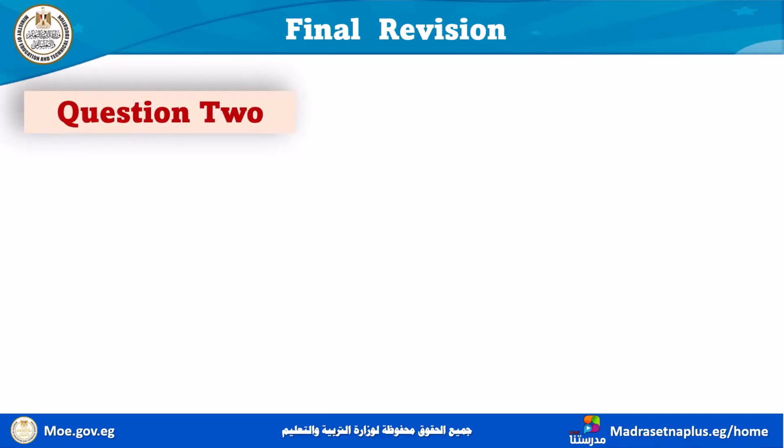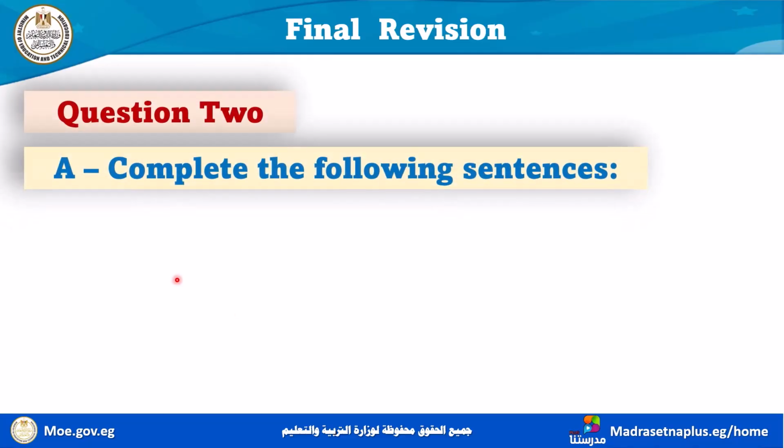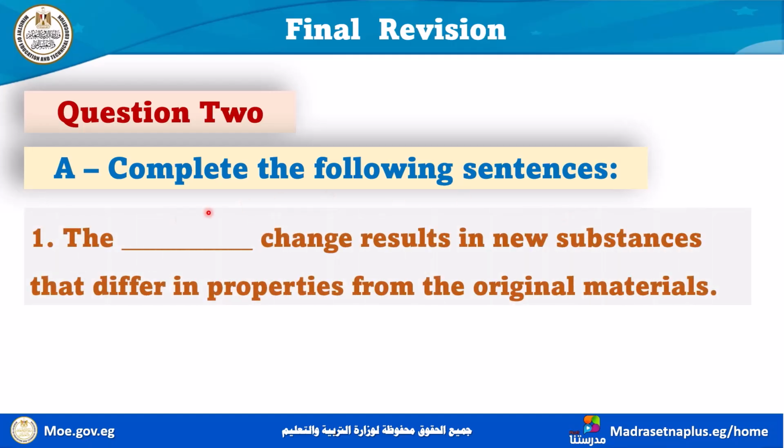Question 2, and the first part is complete the following sentences. Number 1. The dash change results in new substances that differ in properties from the original materials. We have studied two main changes, the physical change and the chemical change.